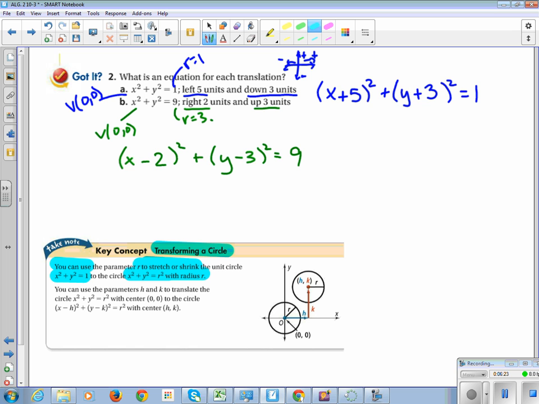If we want to move it right, left, up, or down, we can take our equation of a circle with center 0, 0, and all we have to do is take the opposite of where we want our circle to be centered and throw it into this equation, x minus h squared plus y minus k squared equals r squared. To translate it, we just subtract from the inside of those parentheses.